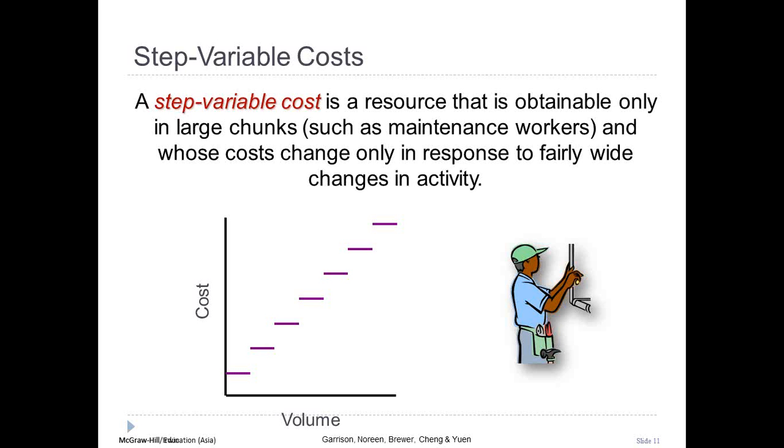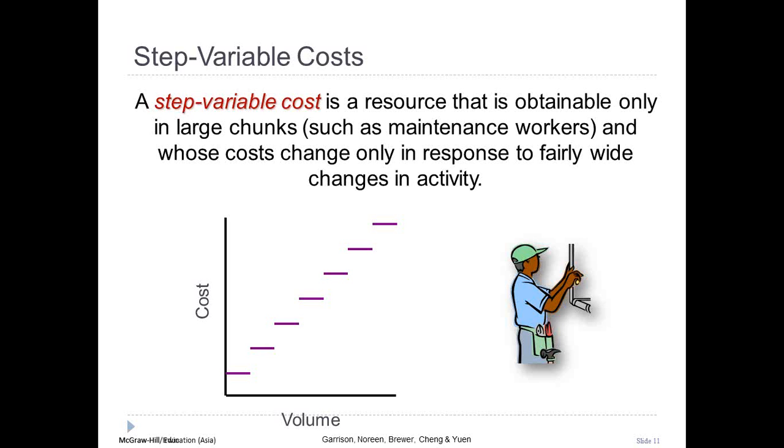These types of people work by the day, by the week, by the month, and they are not pure variable, not 100% variable. So, for example, if we have a maintenance contract with someone who will always repair the electricity in the office environment, we will see them in a stepped variable cost.